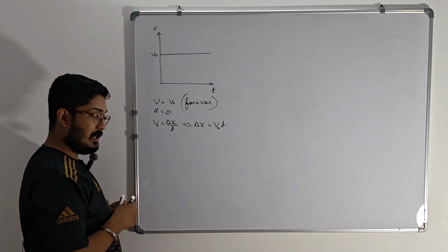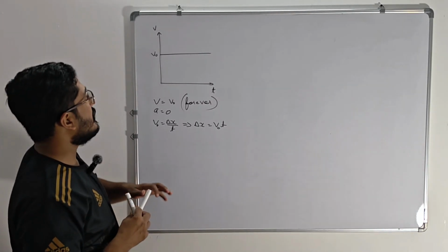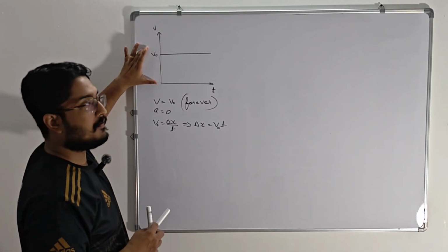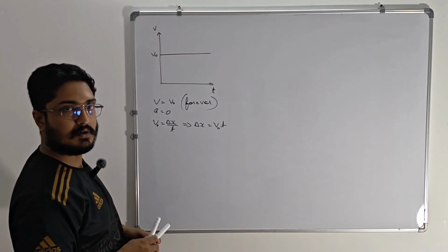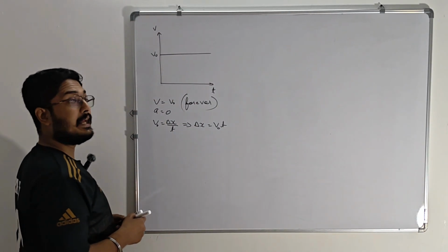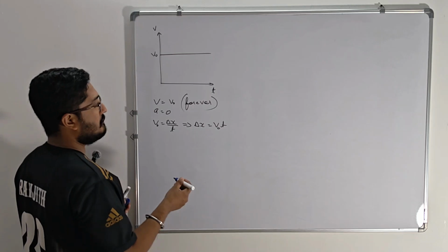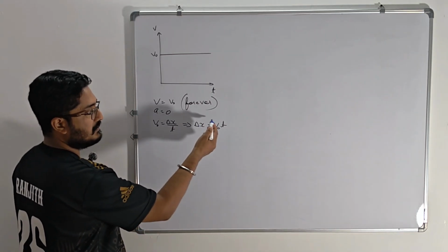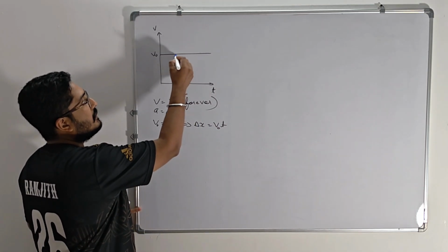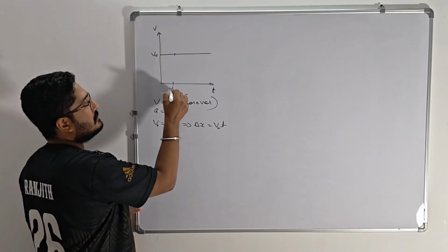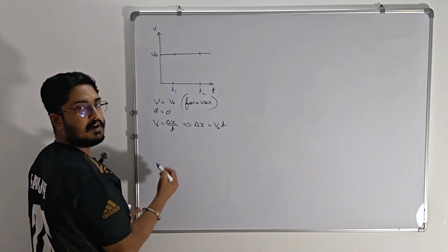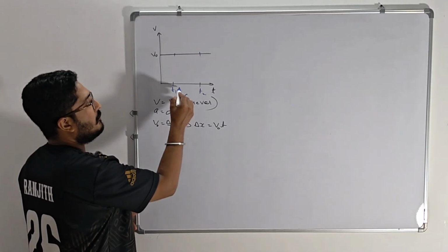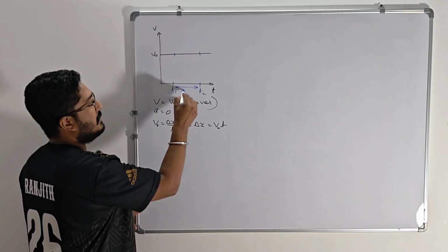Also, in basic maths you have studied that whenever a graph is given, the y-axis into x-axis always represents area. So for example, I can say from this given data that at different time moments t1 and t2, basically I'm talking about this gap as the delta t.